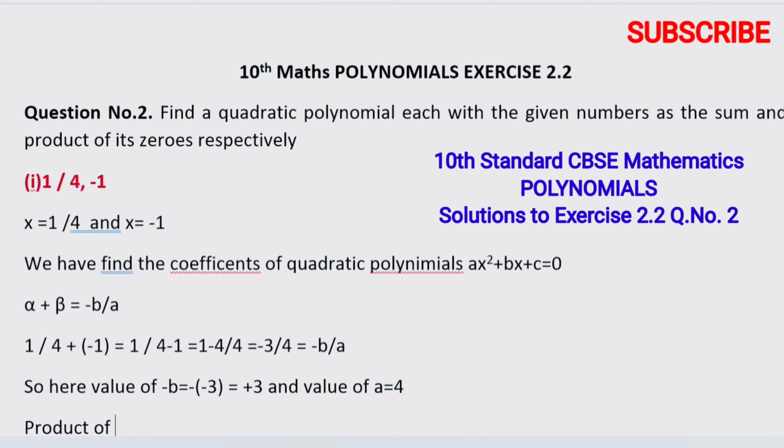Now next, we go for the product of alpha into beta. Alpha into beta is 1 by 4 into minus 1, that is equal to minus 1 by 4. Alpha beta equals minus 1 by 4.